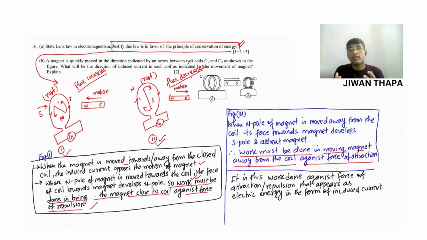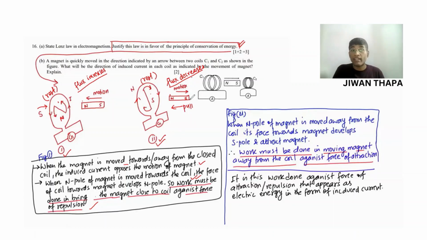So it tries to increase the flux. That is, it pulls the magnet inward. Since the magnet is moving in the outward direction, the induced current opposes the motion of the magnet. That is, it pulls the magnet inward.